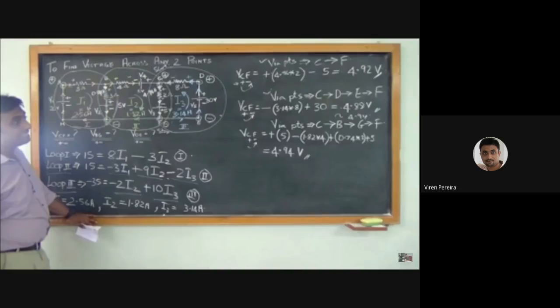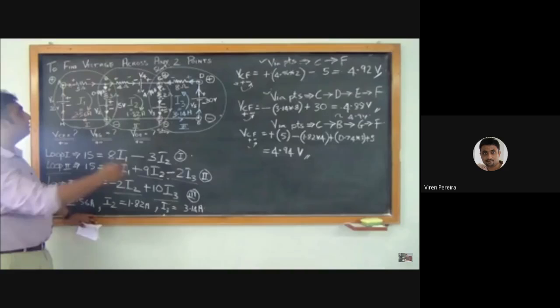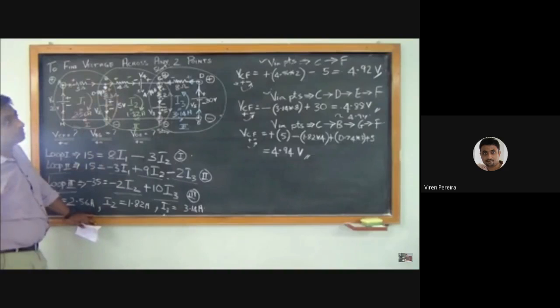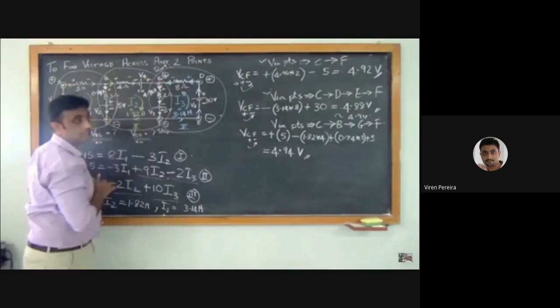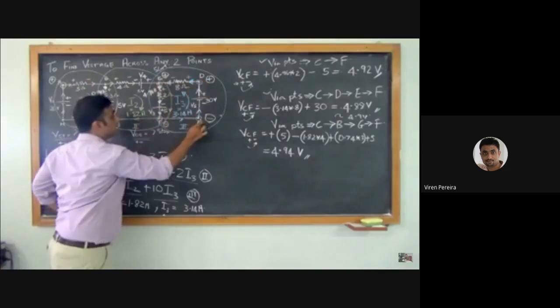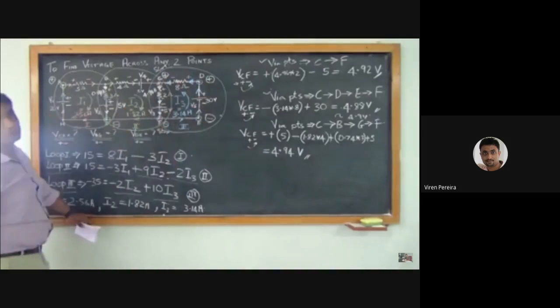So the length and time for completing the problem becomes more, because I have more values to cater to. So I will take the shortest wire directions, directly either C to F or C to D, D to E, E to F, because I have only two components.